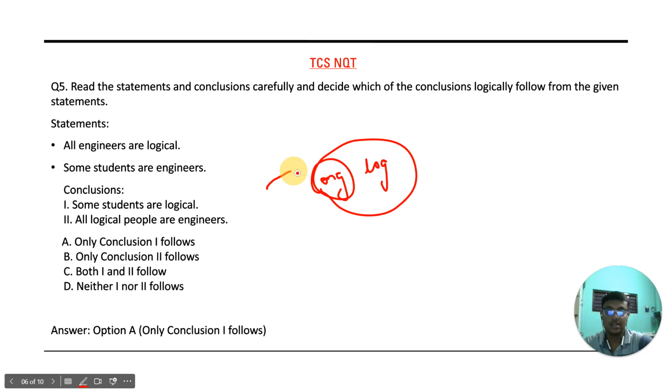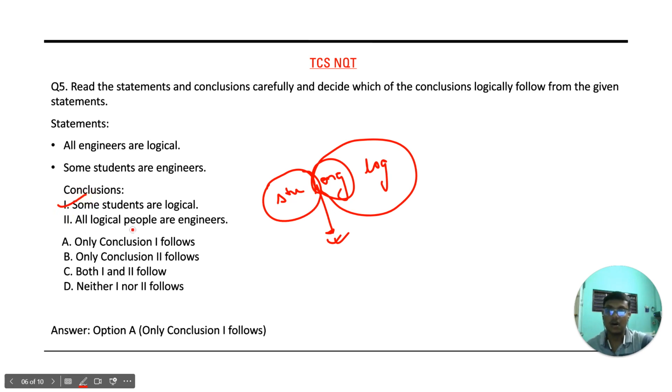Again, it says some students are engineers. So student circle would be intersecting with the engineer circle. Okay, so our drawing is done. Now the conclusion says some students are logical. Yeah, that is correct because some students who are engineers are definitely logical, and hence conclusion 1 is correct.